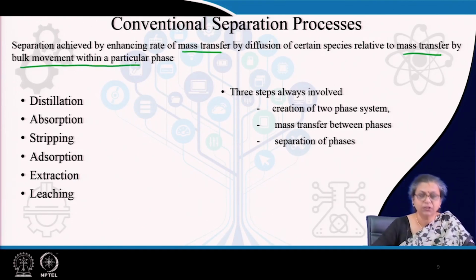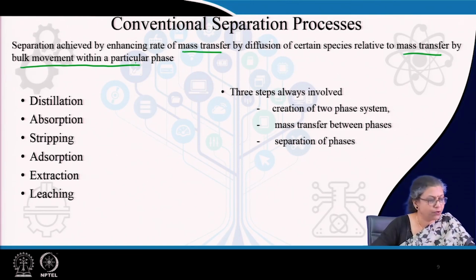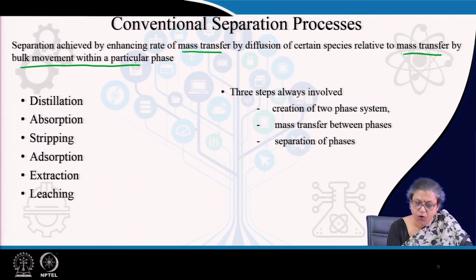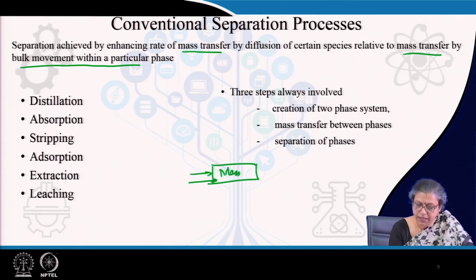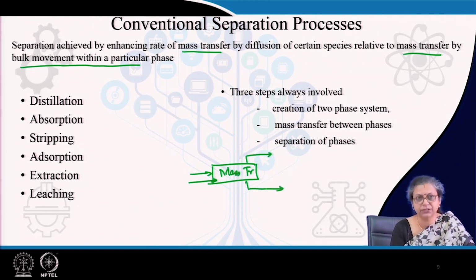So, it is important that the interphase mass transfer rate is much faster as compared to mass transfer occurring by bulk motion. As I have told you, in all these processes we either create or add the two phases, and then mass transfer occurs in some particular equipment or a combination of equipments, and then we achieve separation.